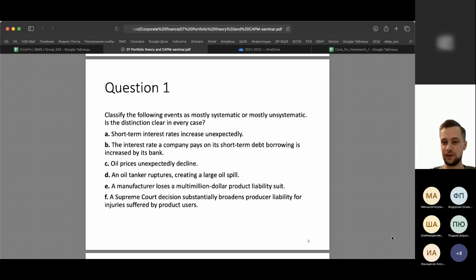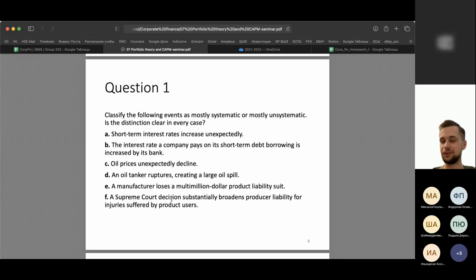Okay. What about the oil prices? Alena, what do you think about the oil prices? I think it's a systematic risk because oil prices are related to the currencies. So, for example, if oil price declines, and we take the ruble, it will decline also, and this will negatively affect all the industries in Russia.